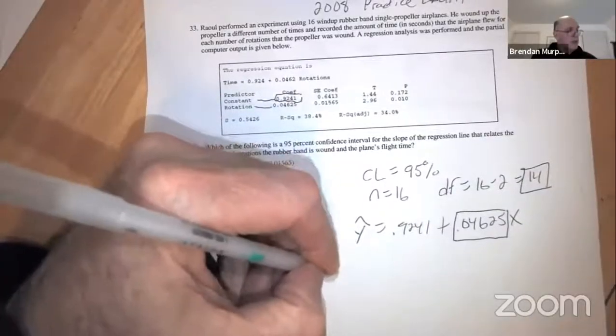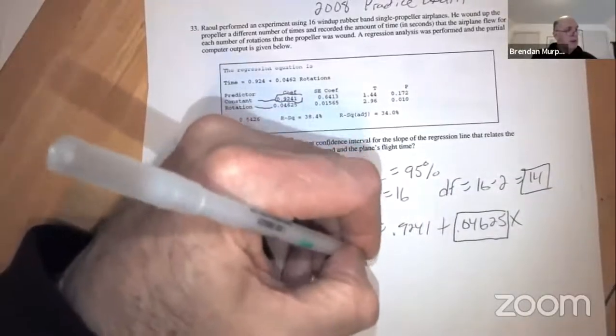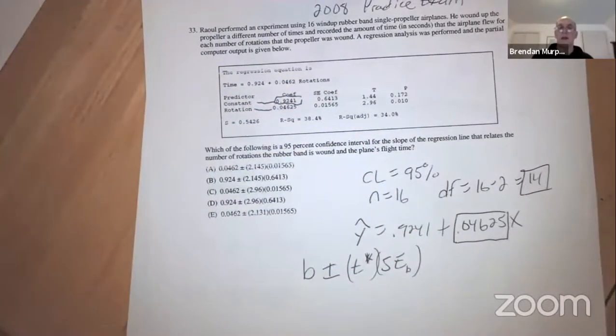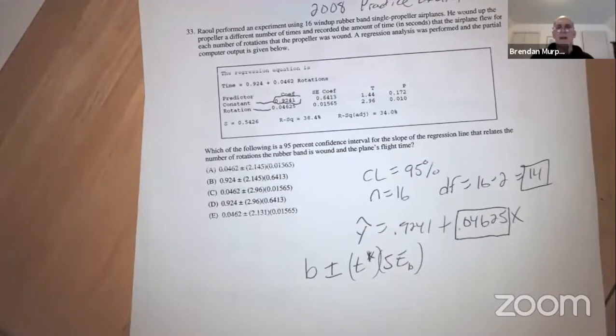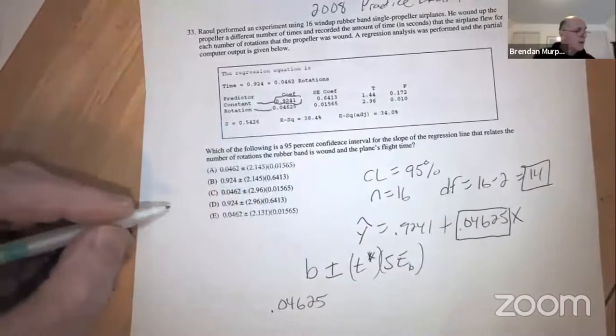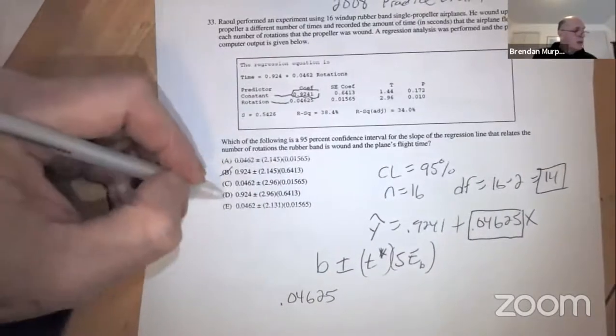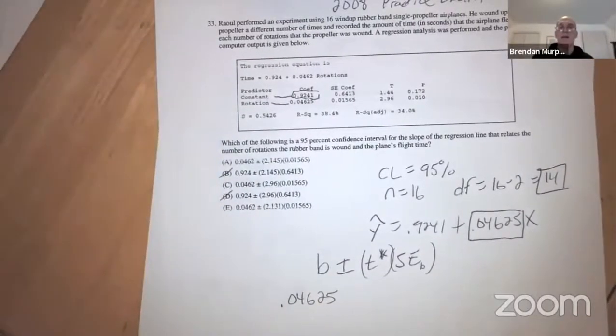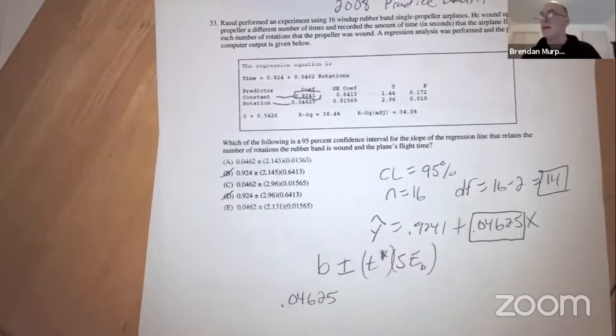So b plus or minus some critical t value times my standard error of slope. When I multiply those two numbers, we call that the margin of error. My sample slope was 0.04625. In a multiple choice scenario, I like to try and eliminate some answers, and this year's test is all free response, but it's always good to eliminate answers.